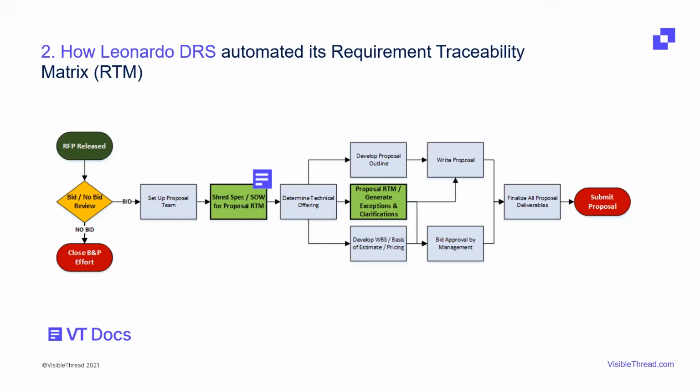But then taking it a step further, as we move further into the process, we'll do some work to determine our technical offering, what products or services or mix thereof we'd offer, and then go off and do the real work of the proposal, developing a proposal outline and writing it, developing all of our pricing. But part of this too, that second box there, is the proposal requirements traceability matrix, which especially for very complicated, very large proposals could be very time intensive and cost intensive, developing a crisp set of exceptions and clarifications.